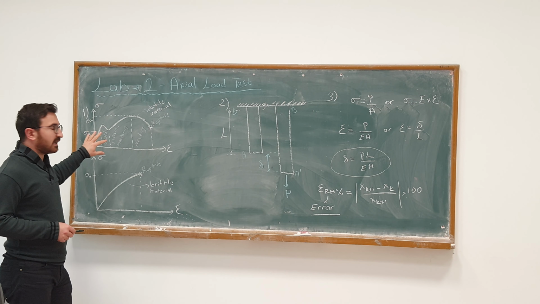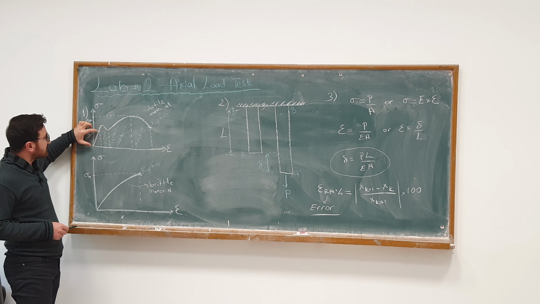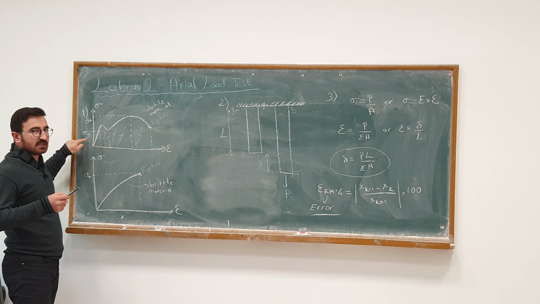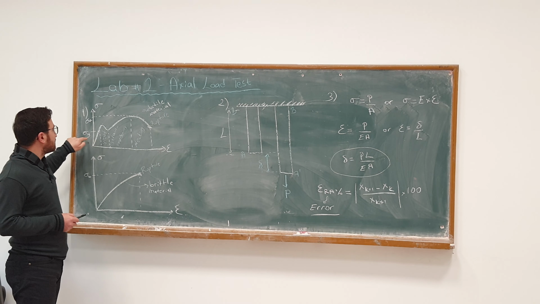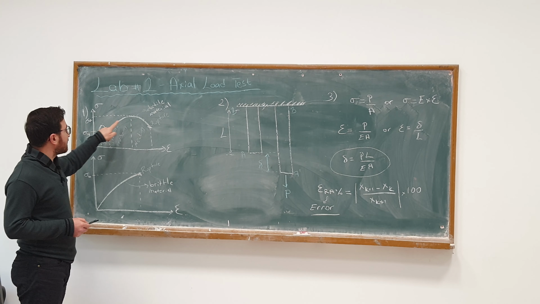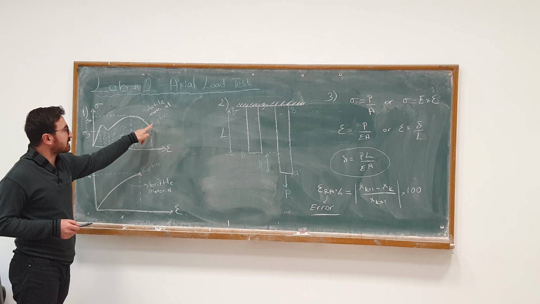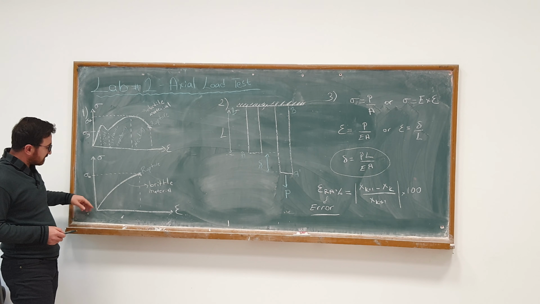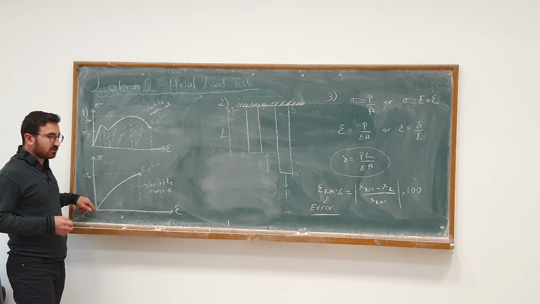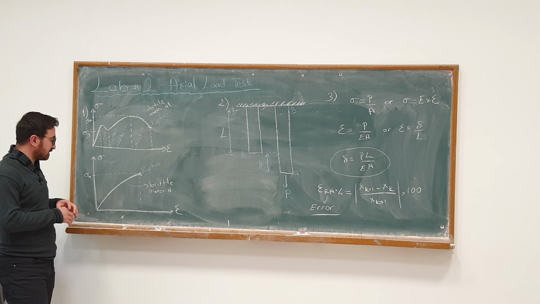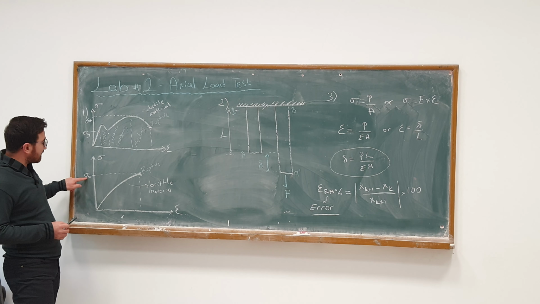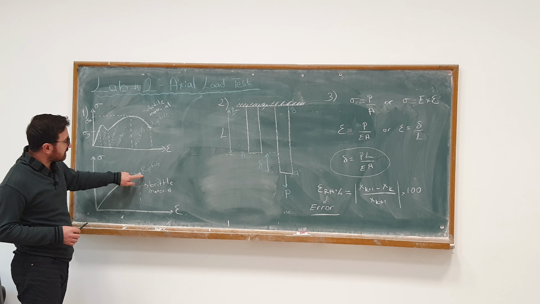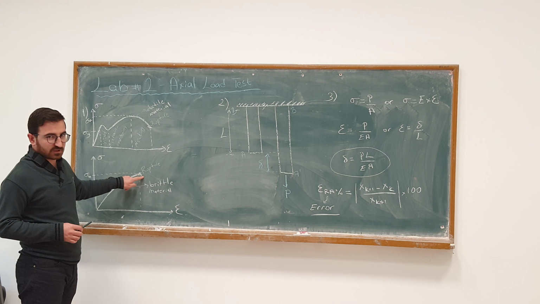For ductile material, the first part is linear, and after yield stress has been reached, the specimen undergoes a large deformation and finally ruptures. But for brittle material, there is no linear part. Ultimate stress is reached and the specimen ruptures at this point. Okay?